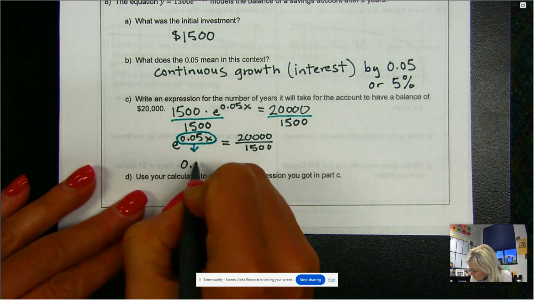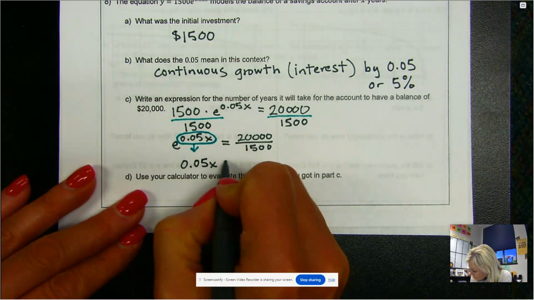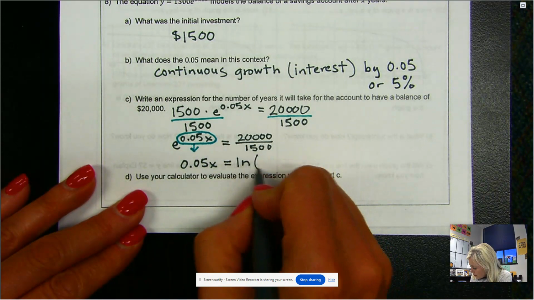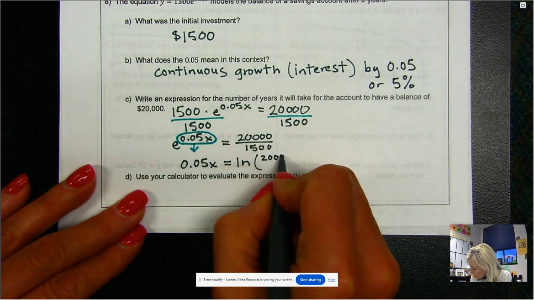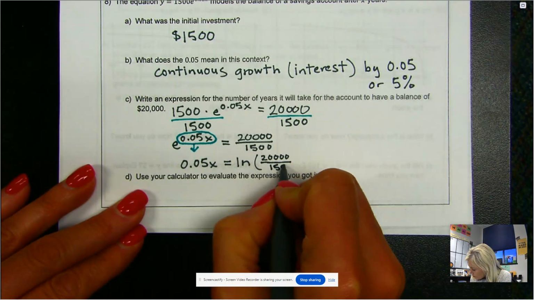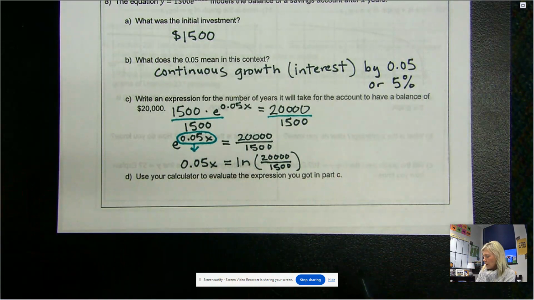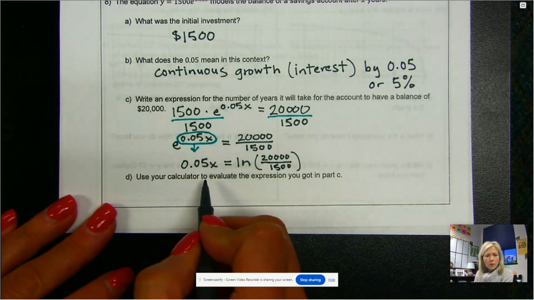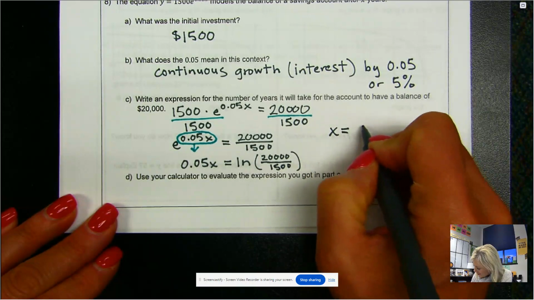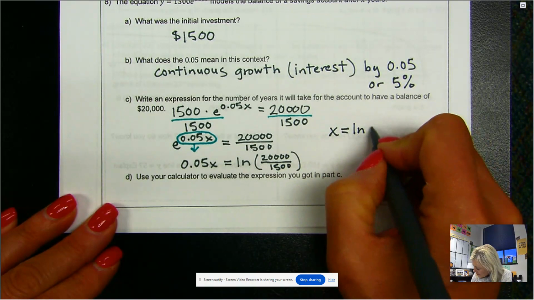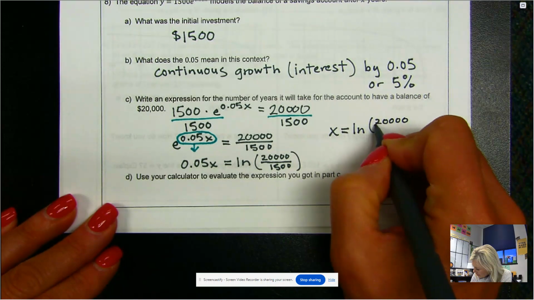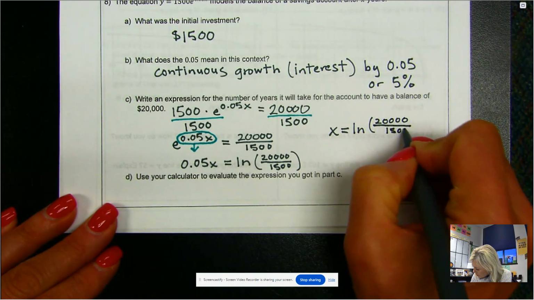So 0.05x is equal to the natural log, again, our base is e, of 20,000 over 1,500. And then divide by the 0.05. So x is equal to the natural log of 20,000 over 1,500.